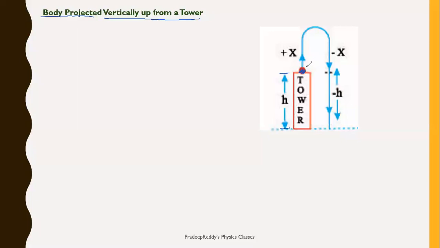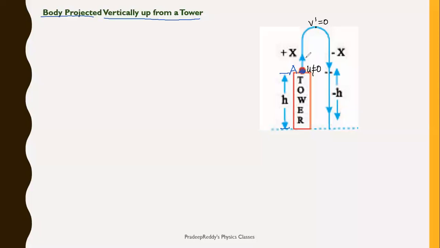Now I am naming the initial position A. This is the initial position. When the body is projected from the top of the tower, its velocity is not equal to 0. You give it some velocity so that it reaches maximum height, and after going to maximum height, finally its velocity V dash becomes 0.